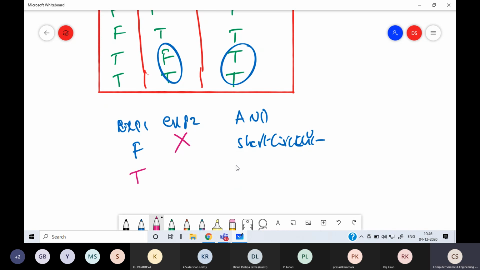Now, when expression 1 is true and it is OR, then it is short circuit. So this is not going to be evaluated. So in case of ANDing, when expression 1 is false, it becomes short circuit, so expression 2 is skipped. In case of ORing, when expression 1 is true, it becomes short circuit, so expression 2 is not going to be evaluated.